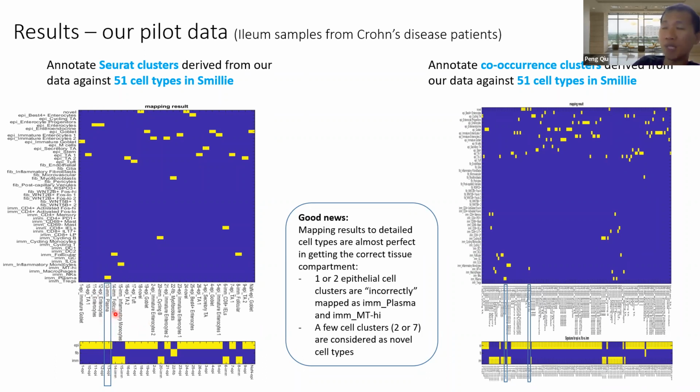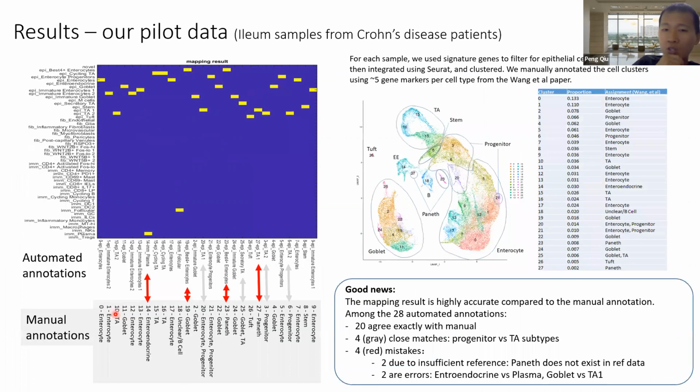So this is basically saying that our algorithm at least can get a correct annotation for major lineages of tissue compartments. But really, the real test is here. If we take our data and perform Seurat-based clustering analysis to identify clusters, and then we use known marker genes to manually annotate the clusters we have, this was actually done by a student in Greg's lab.